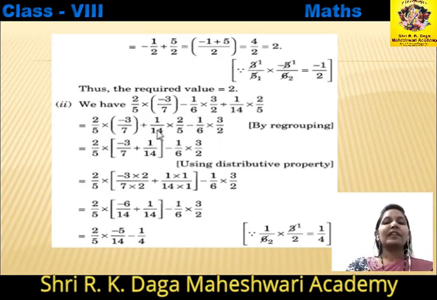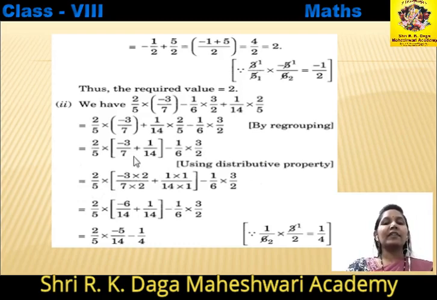After that we will take 2 by 5 as common, and in bracket we have minus 3 by 7 plus 1 by 14. Minus 1 by 6 into 3 by 2 are as it is. This term we have by using distributive property.